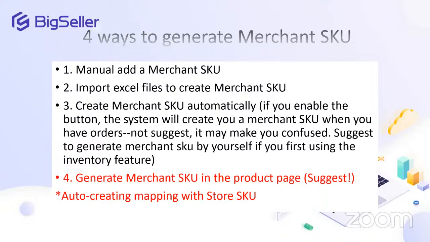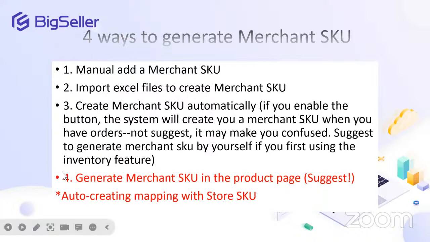Otherwise, maybe your merchant SKU listing will be a bit confusing because you are not generating by yourself. This only happens when you have generated all the merchant SKU, but you have a new variation, like a new product, then you don't need to manually generate the merchant SKU. Our Big Seller will help you generate if you have an order from the new product.